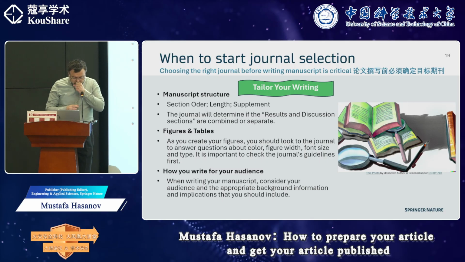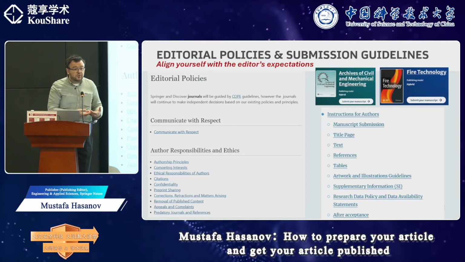And where do you find this information? Where do you find out what to do with the figures and tables, and what background I should include in my article? Well, every journal has an editorial policy and author submission guidelines. So study these things religiously, because sometimes it really matters.